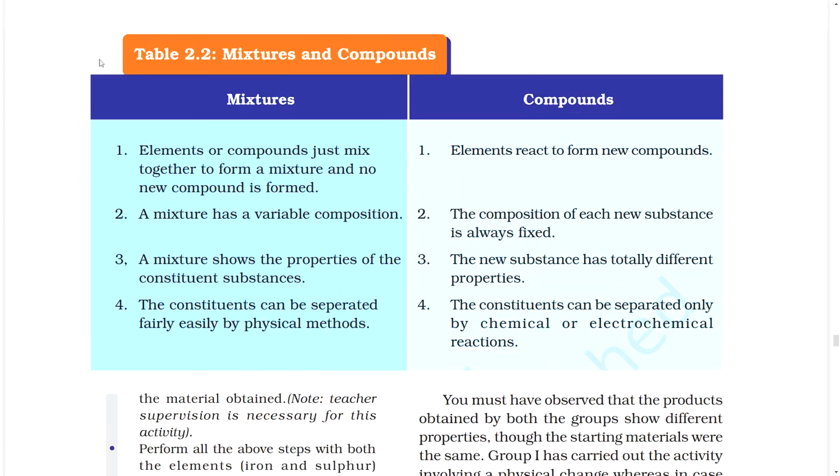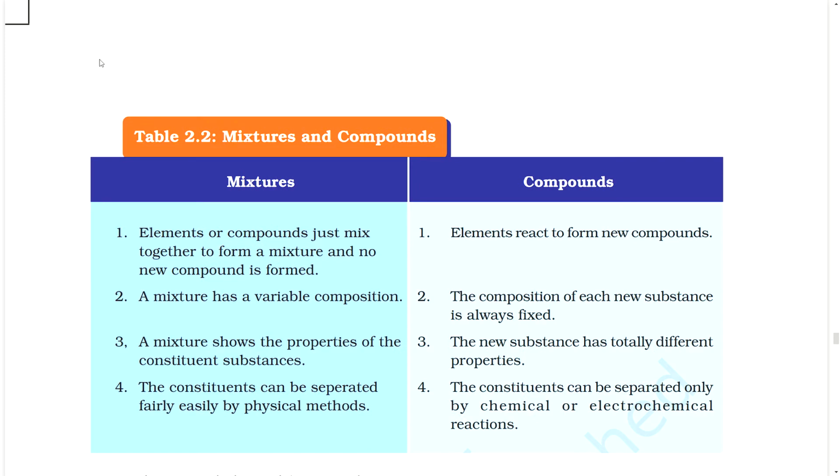Table: mixtures and compounds. Mixtures: 1. Elements or compounds just mix together to form a mixture and no new compound is formed. 2. A mixture has a variable composition. 3. A mixture shows the properties of the constituent substances. 4. The constituents can be separated fairly easily by physical methods. Compounds: 1. Elements react to form new compounds. 2.